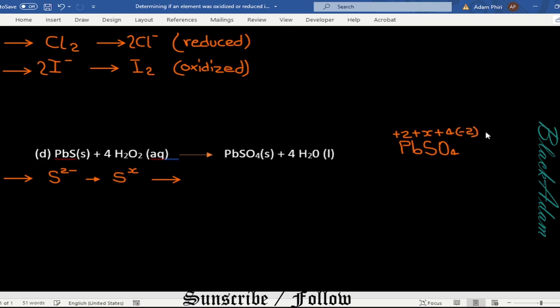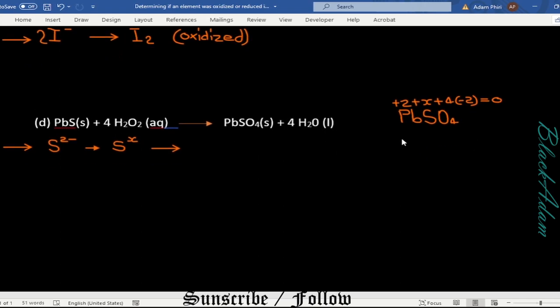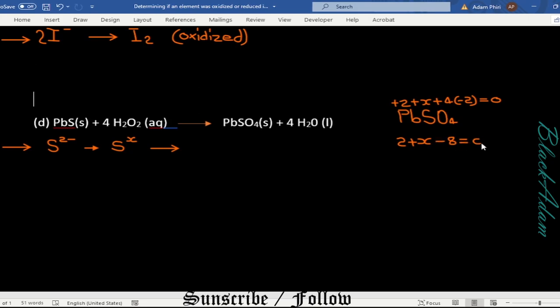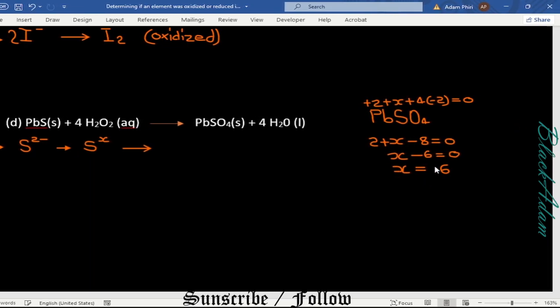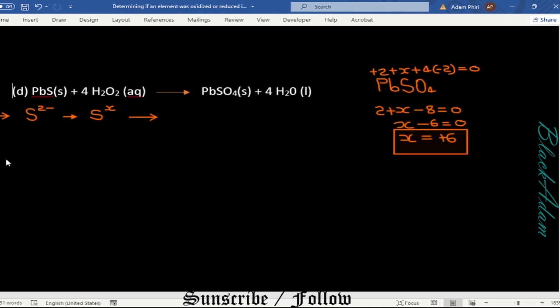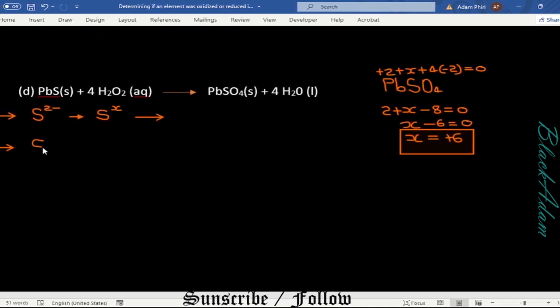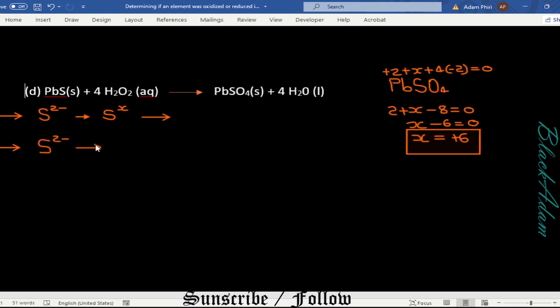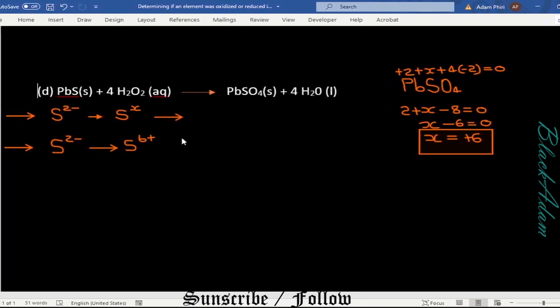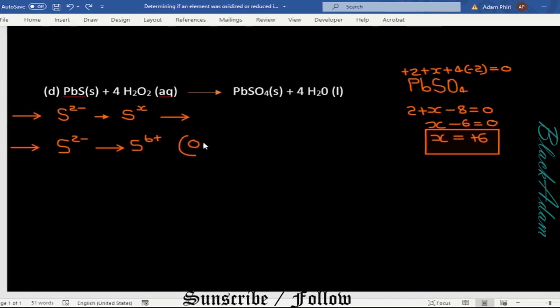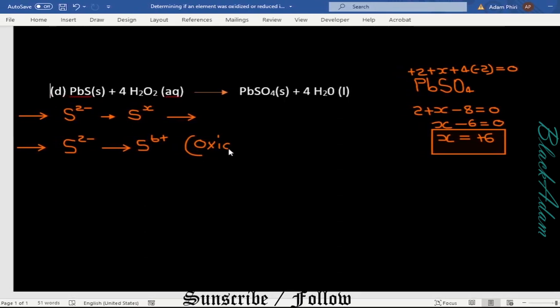So we have 2 plus x plus 4 of the oxygen, lead is 2, and x plus 4 times -2 makes -8, so that gives us x minus 6, so it's going to be +6. So now sulfur moves from -2 up to +6, so it's going towards the east, so that's oxidation.